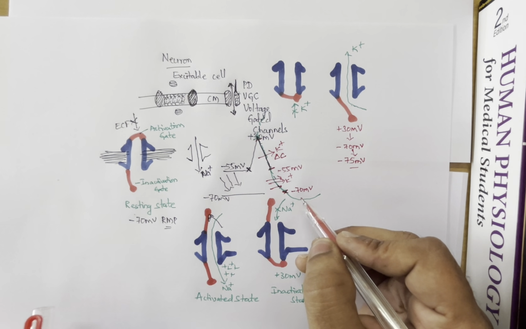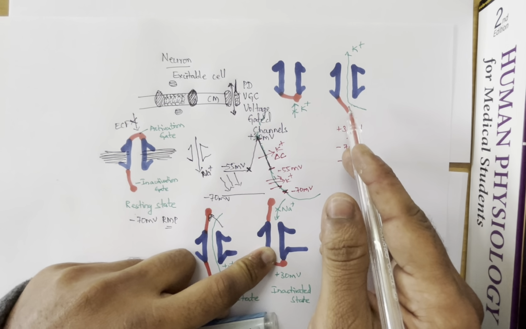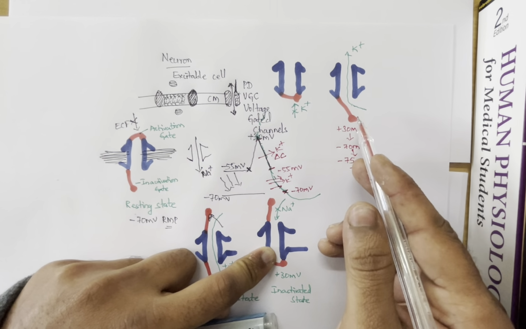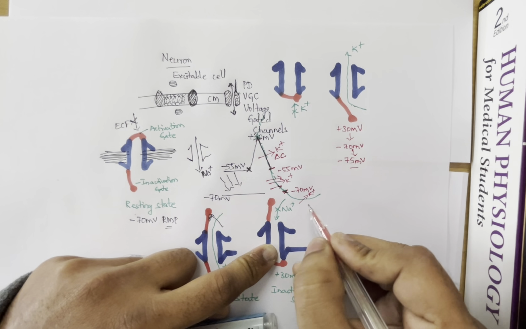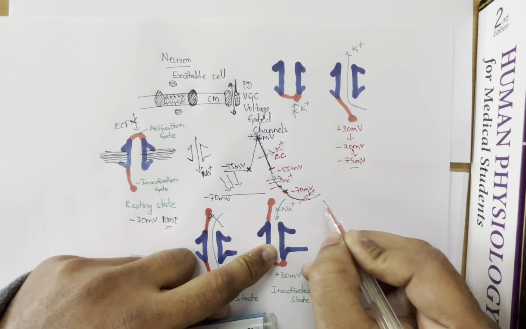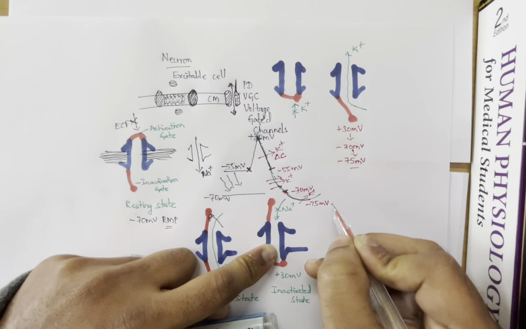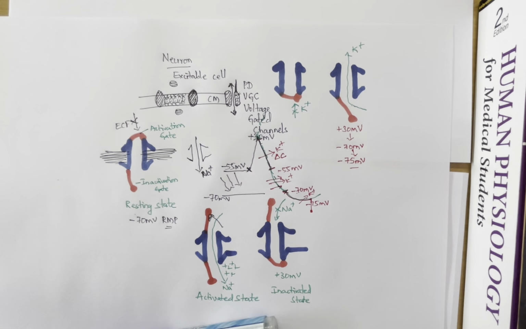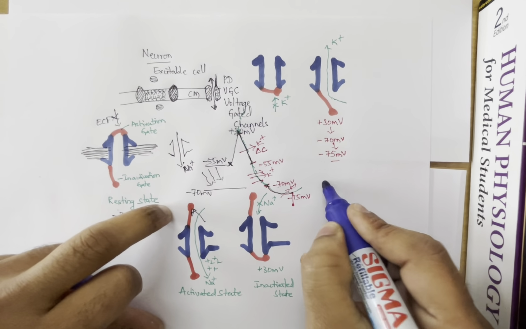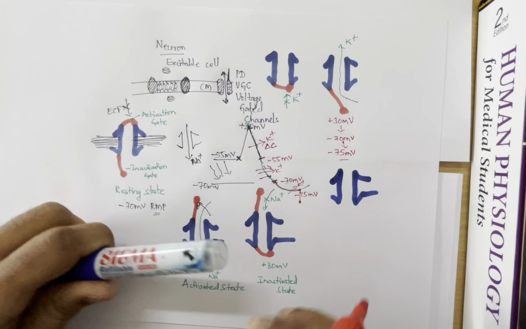And even when the resting membrane potential is attained, there is no inactivation of the potassium channel. The potassium channels are still open, so that more and more positive potassium ions move out. So there is hyperpolarization from the minus 70 resting state to minus 75 millivolt. At minus 75 millivolt, the voltage gated potassium ion channels close and go back to their resting state.